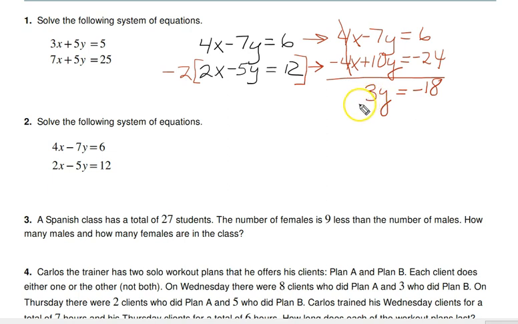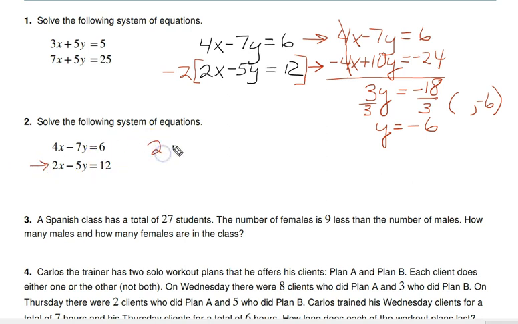Now we're going to divide both sides by 3. I get y equals a negative 6. So there's one of my ordered pair members now. And I can go to either equation. Let's use this one here.